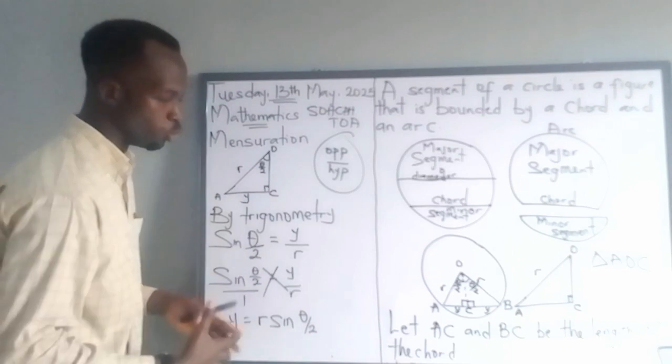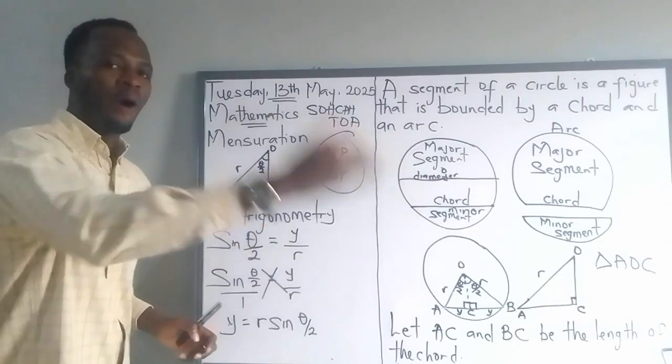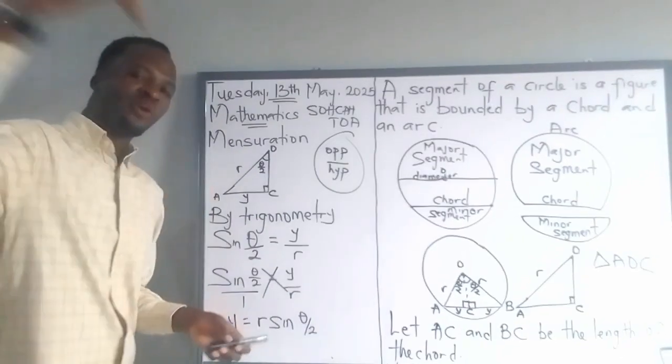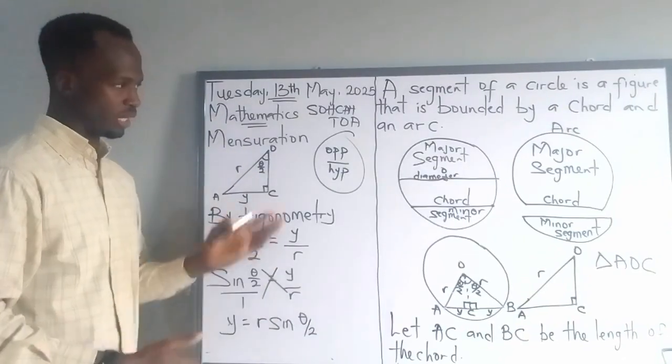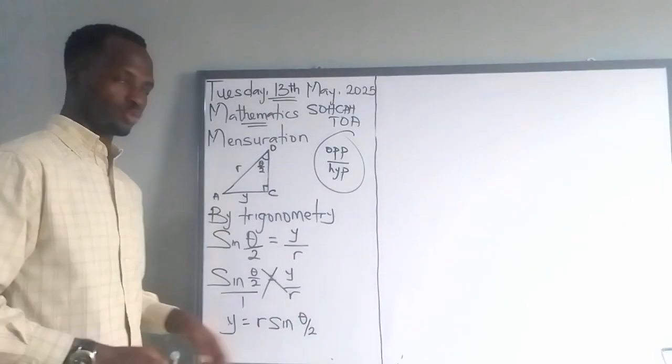So what we need to do to find the length of the chord is to add Y to Y. If Y is R sine theta over 2, we have another R sine theta over 2. So let's work that out. Y equals R sine theta over 2.